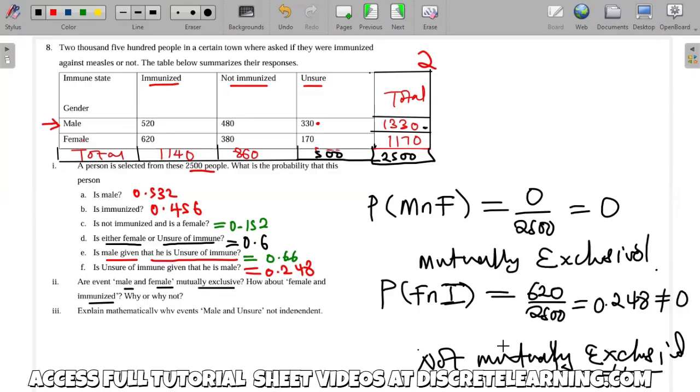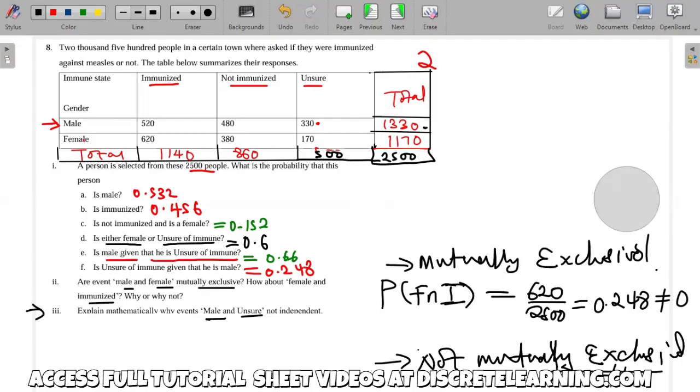They'll just change the numbers and what they're asking you about, but the concept is definitely the same. So we've said here why, and here we've said why not. What about the last one there? They're saying explain mathematically why events male and unsure are not independent.